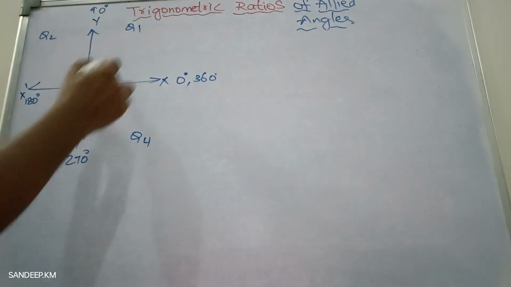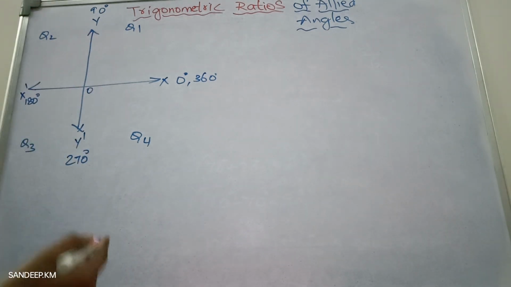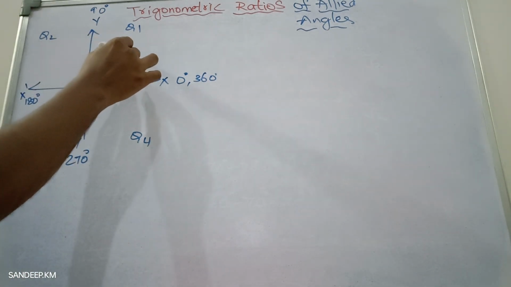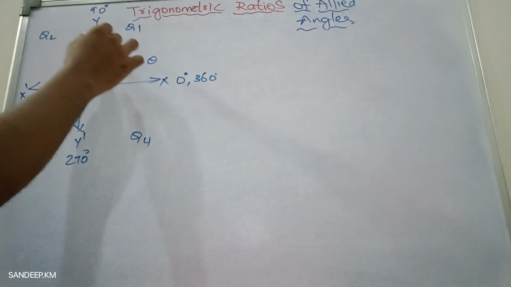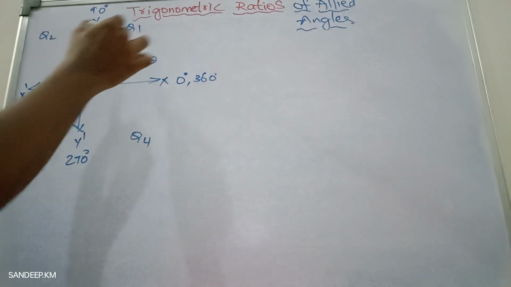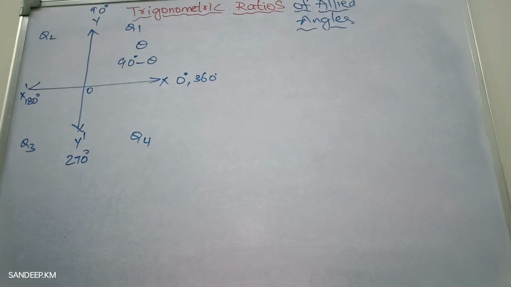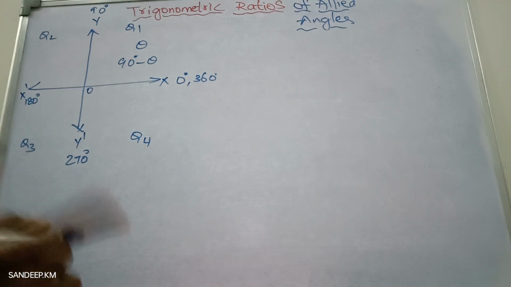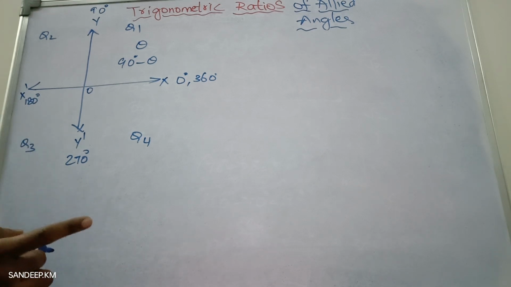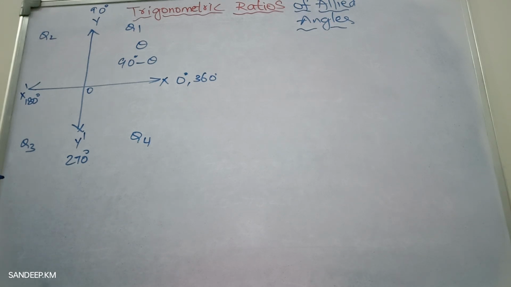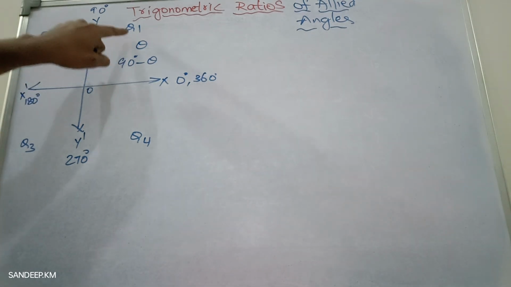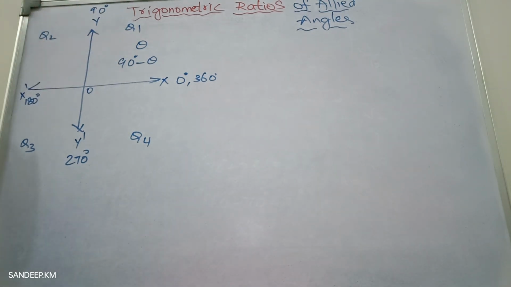And I already told you that in the first quadrant we have 90 minus theta and at the same time theta. These two are first quadrant angles. I have already discussed this concept in the third video on allied angles, coterminal angles, etc. You can check it once. Why 90 minus theta and theta are first quadrant angles, I have discussed it there. Have a look at it.